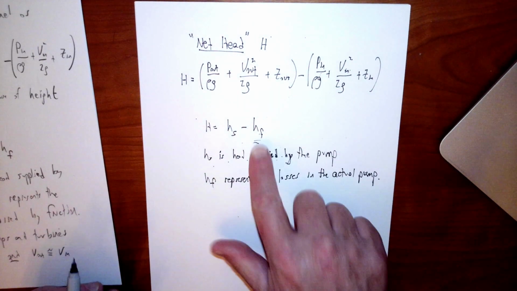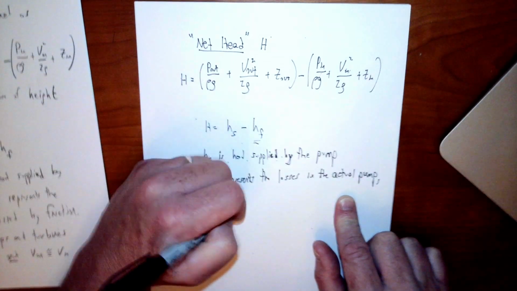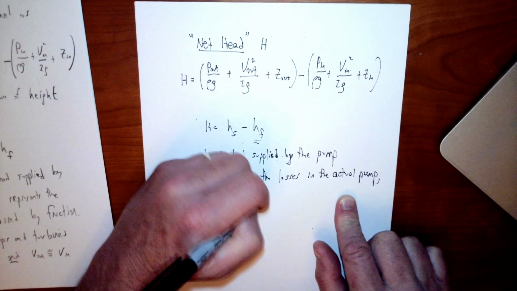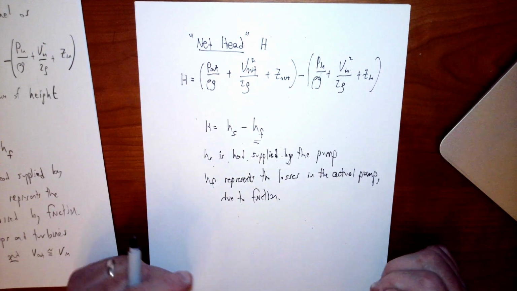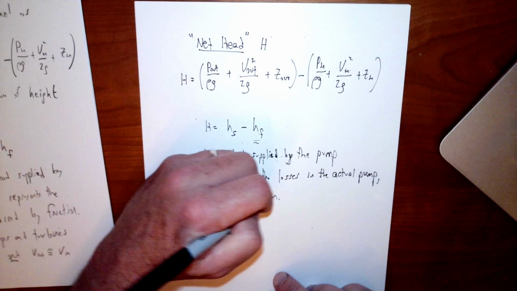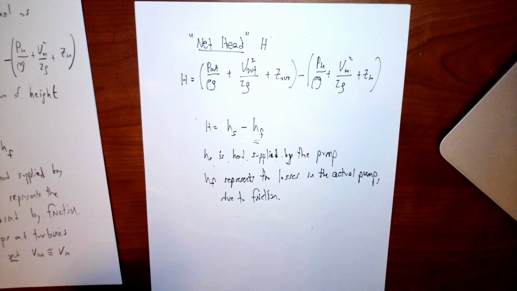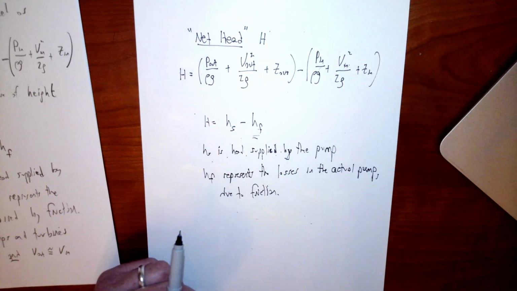F is losses in the actual pump, which are primarily due to friction. There's friction in the liquid because there's turbulence and spinning and all kinds of frictional effects. And there's also friction in the pump itself.